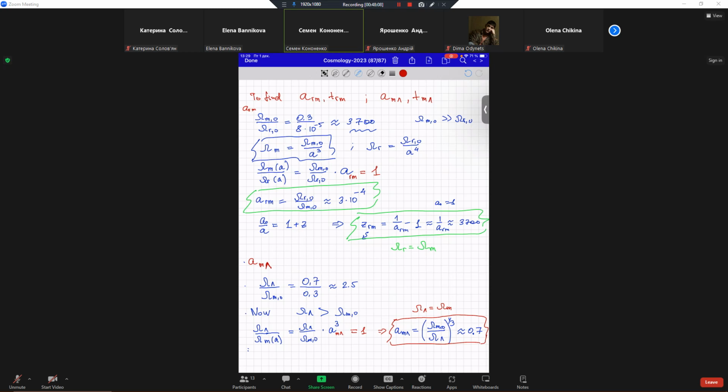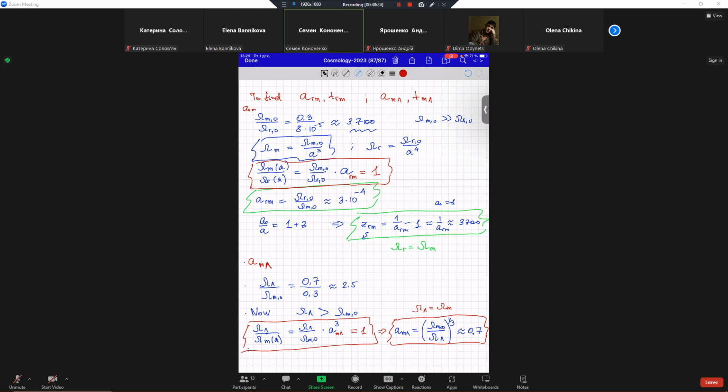However, in the case of A_m lambda we have this expression, corresponding to the first case.